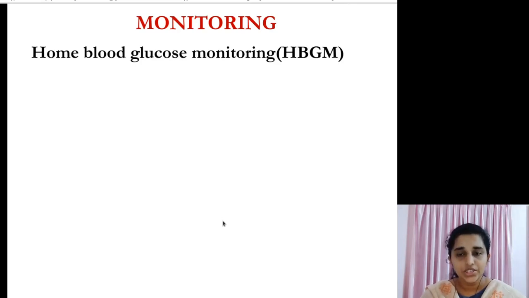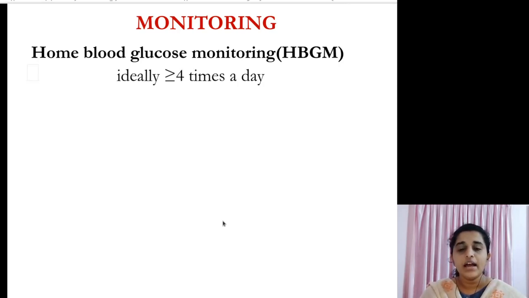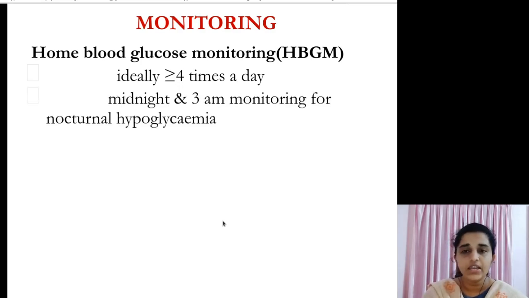So we have to educate the parents on home-based monitoring. Home-based, that is home blood glucose monitoring, HBGM. And the child has to maintain a diary of this home blood glucose monitoring, ideally 4 times a day or more than 4 times a day.